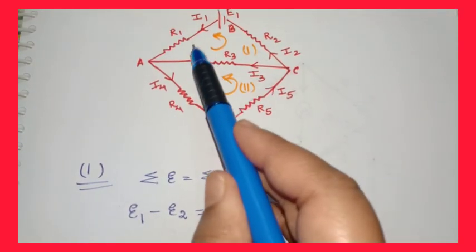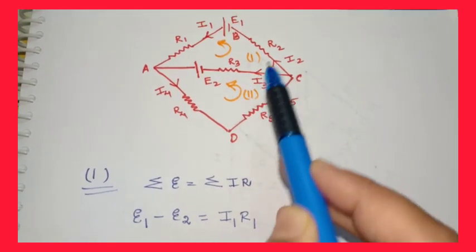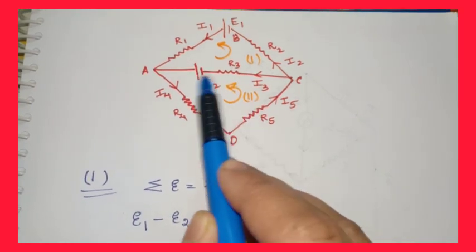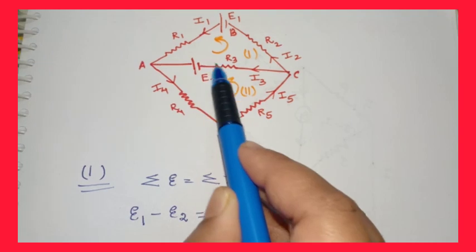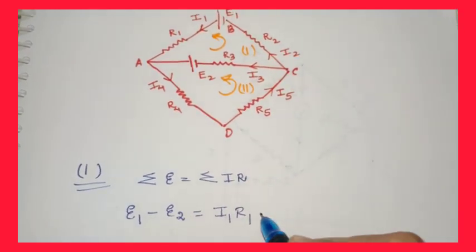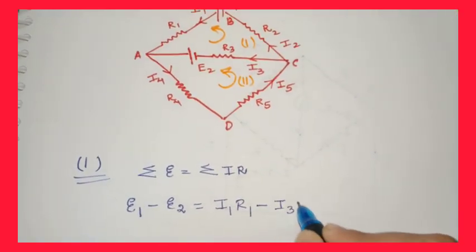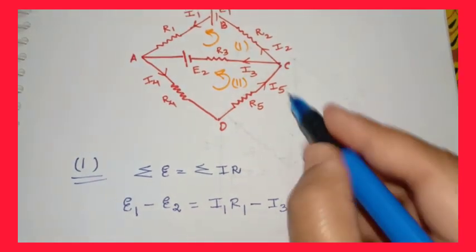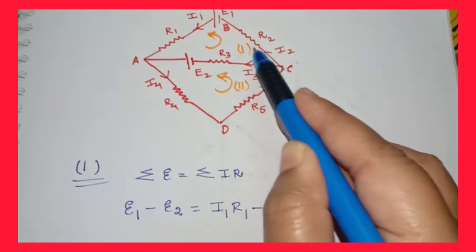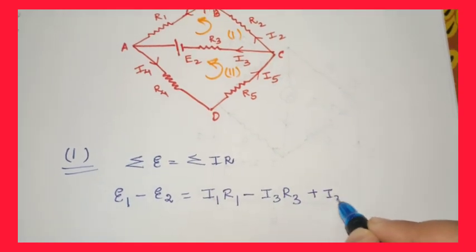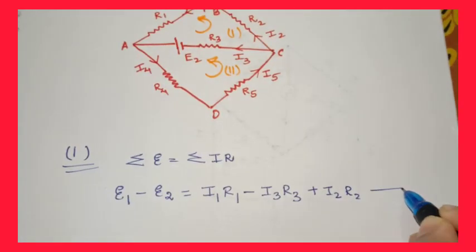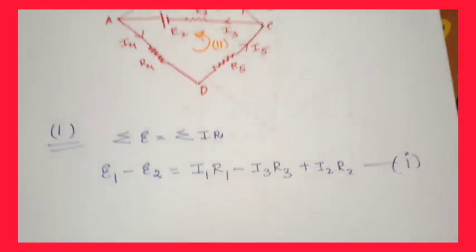I am going along this direction, and you can see, students, the direction of current along R3 is opposite to my direction in the first loop. That's why it will be minus I3 R3. If I take my direction now upwards and it is along I2, this will be plus I2 R2. This is my equation number 1.